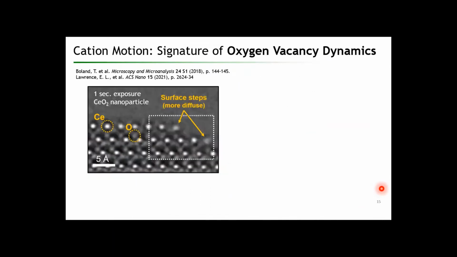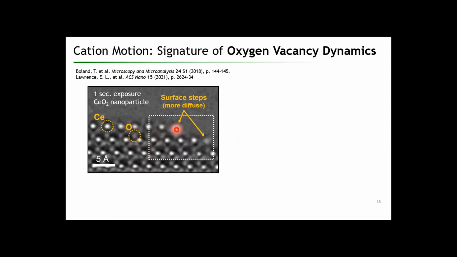And there's been some prior work in our group looking at cerium oxide nanoparticles, pure cerium oxide nanoparticles. This is a 1 second exposure TEM image of a cerium oxide nanoparticle surface. And these bright intensity features in the image are columns of cerium, and the fainter intensity features are columns of oxygen.